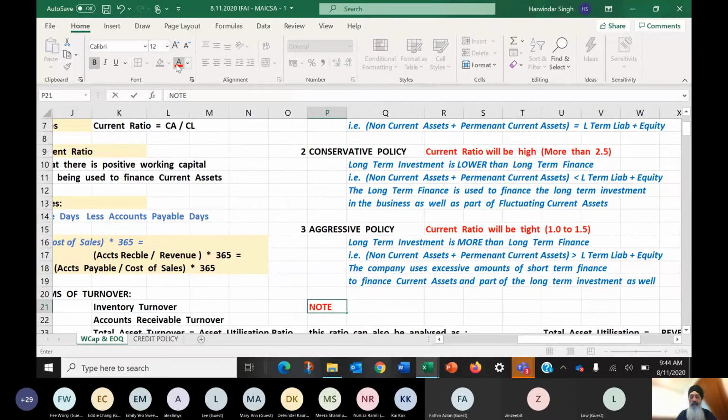Yeah. Note, negative working capital means less than 1.